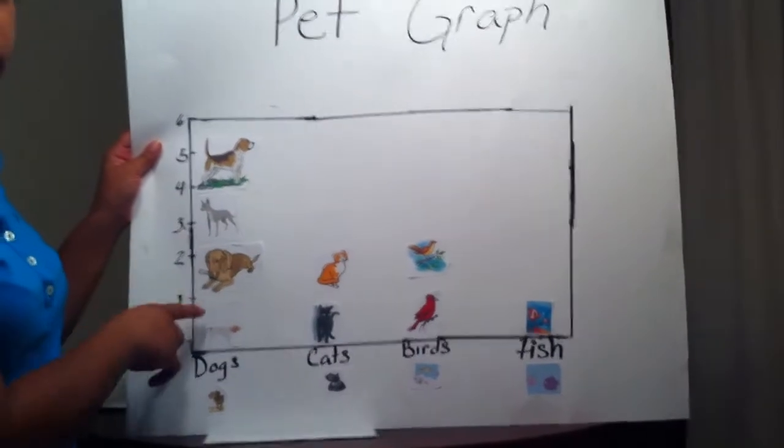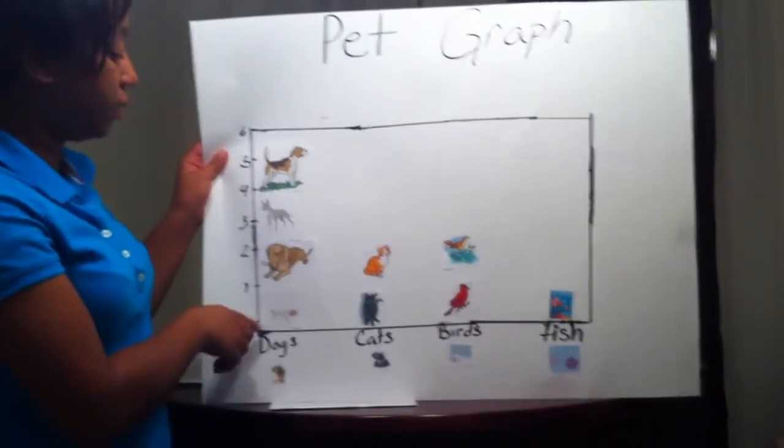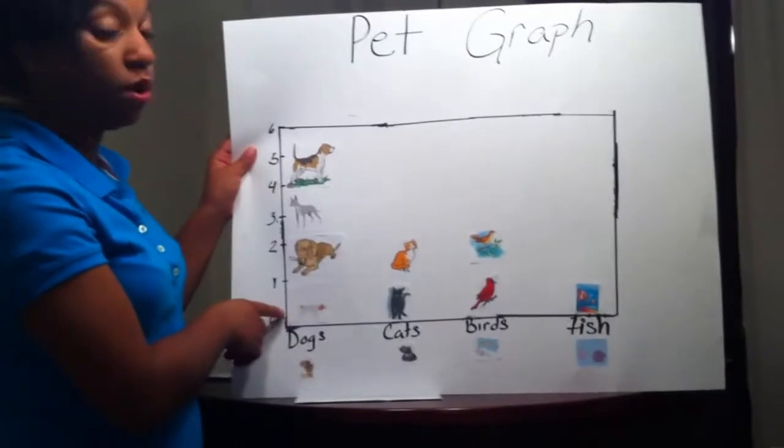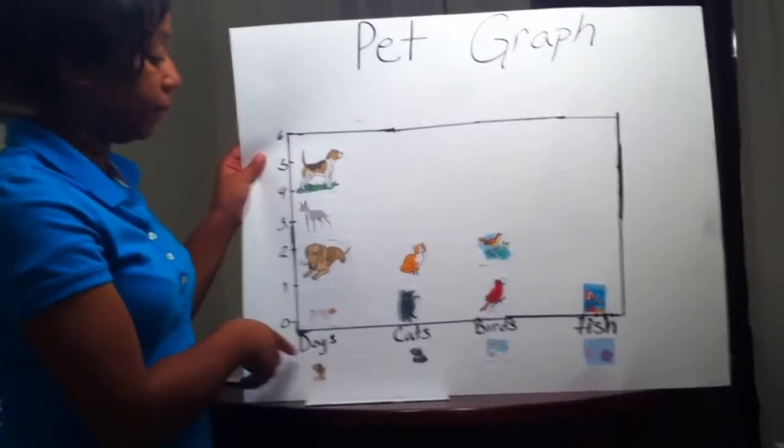And once everyone has stuck their favorite pet on the graph, then we will graph it. And we ask the students to count which pet has the most, which pet has the least, which pets have the same. And this will be the pet graphing game.